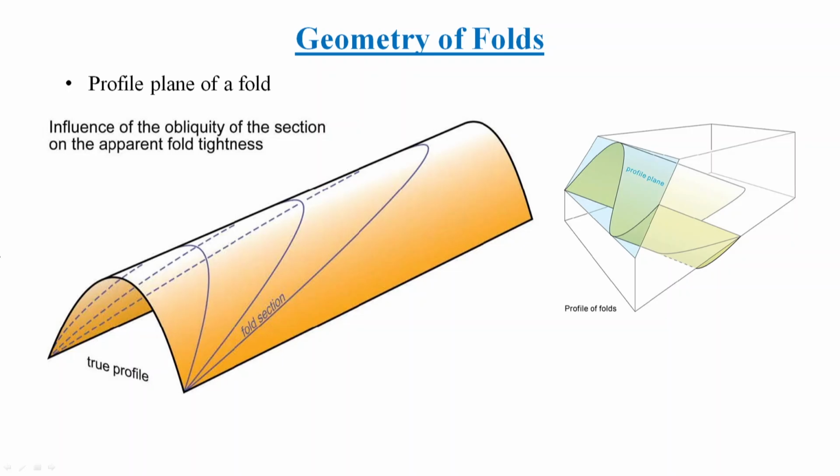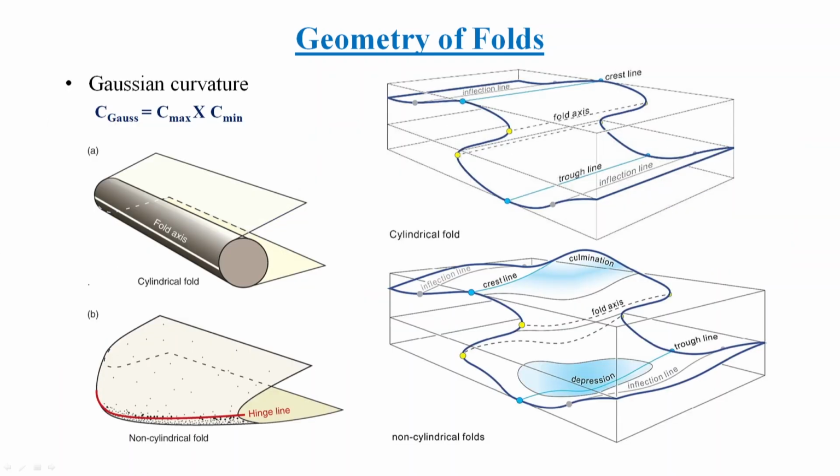So if this is your fold axis, I will take a plane exactly orthogonal to this fold axis. In that profile plane, we will do the rest of the measurements, be it wavelength, amplitude, interlimb angle, and so on. The other morphological features are also analyzed on the profile plane.